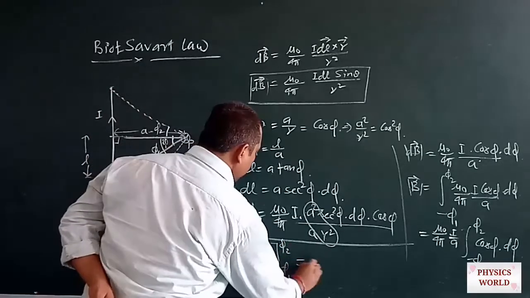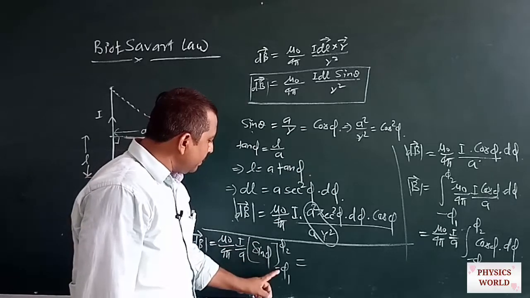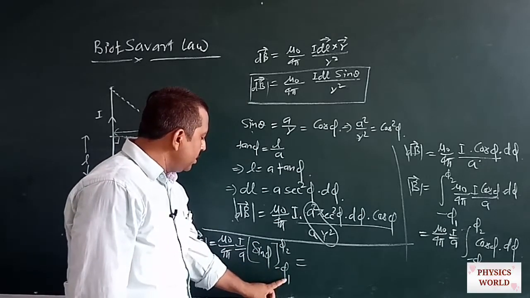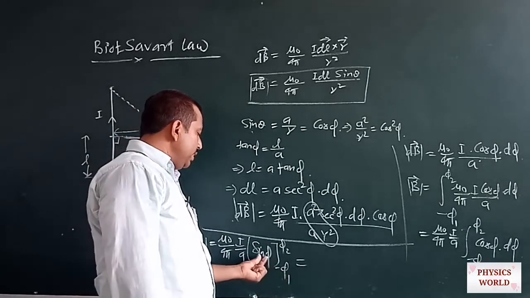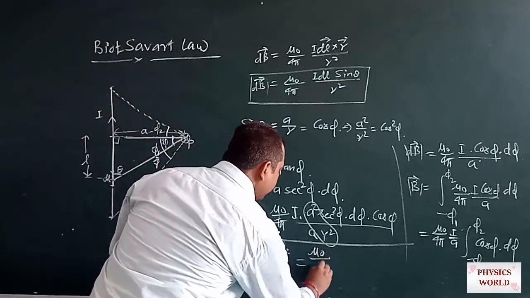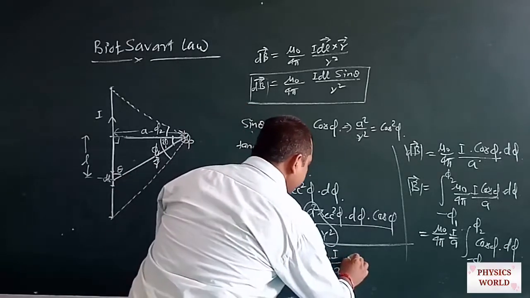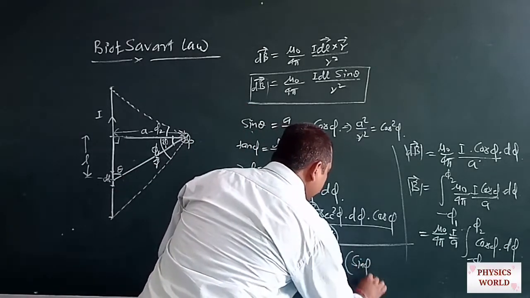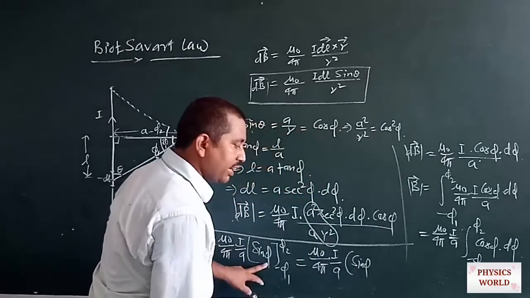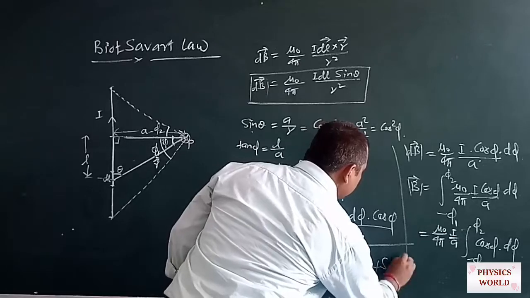If we put the value of phi 2 first, and then minus of minus sine phi 1, the minus sign becomes plus. So we get mu 0 upon 4 pi I by a, into sine of phi 1 plus sine of phi 2.